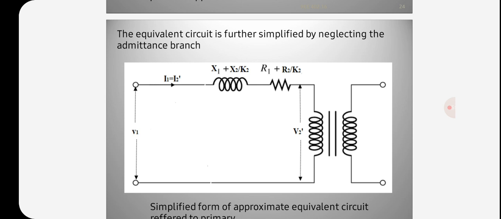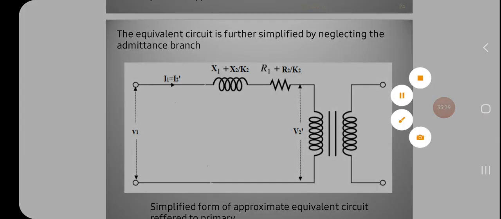So that will be V2 output, no load V2 minus V2 by no load V2 into 100, that is equal to E2 minus V2 by E2 into 100. Here E2 is the no load secondary terminal voltage and V2 is the full load secondary terminal voltage. The voltage regulation for unity, lagging and leading power factors.